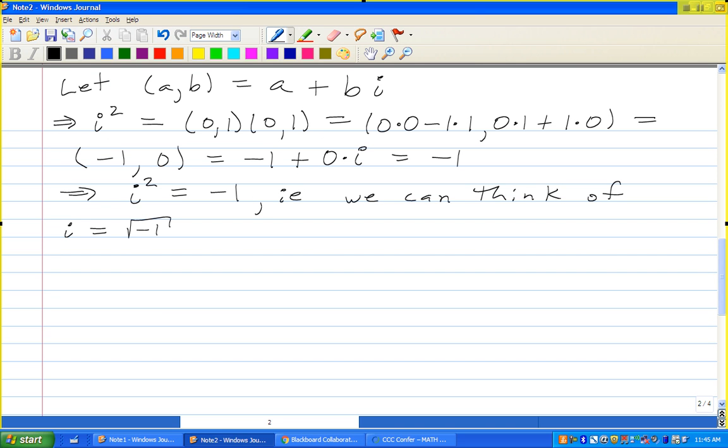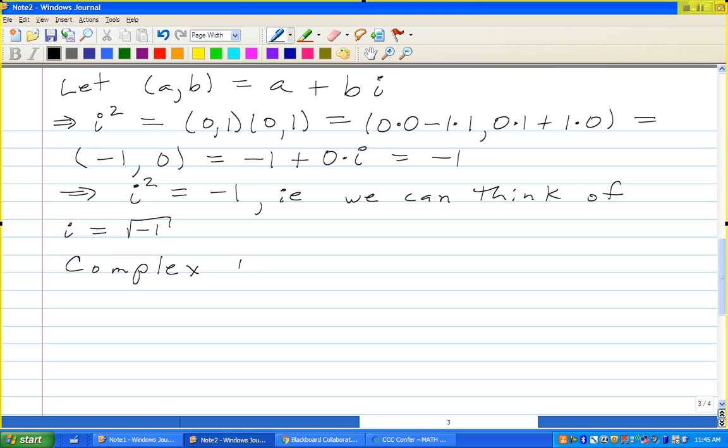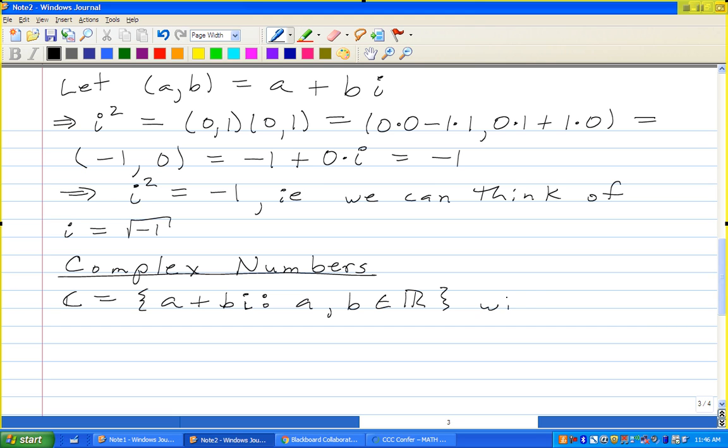So from now on, we'll just say that the complex numbers, C, consist of numbers of the form a plus bi, where a and b are real numbers, and the only property we really have to know is that i squared is -1.